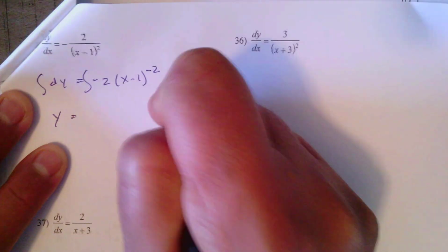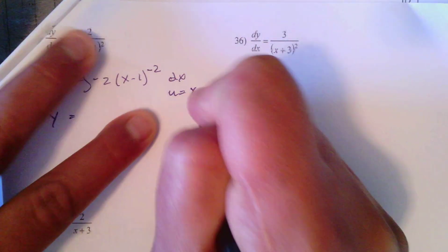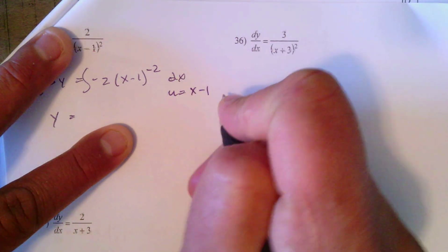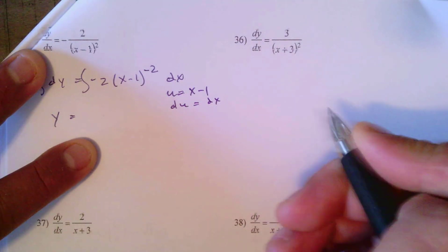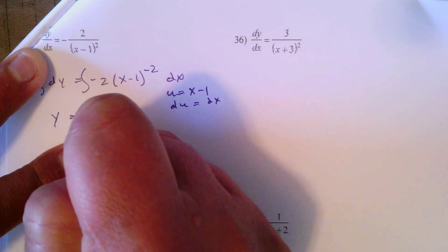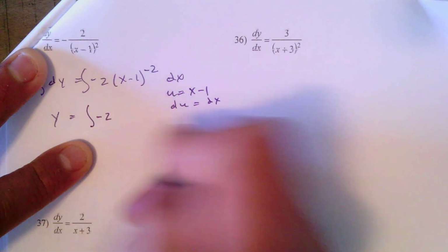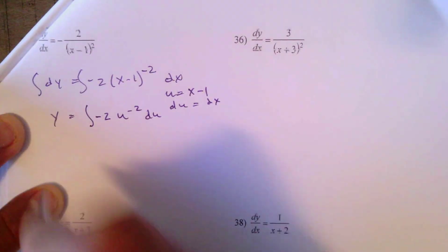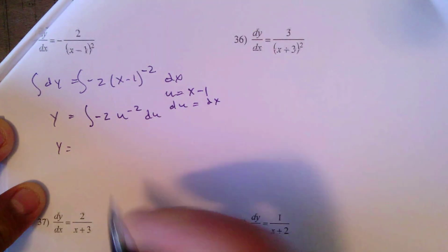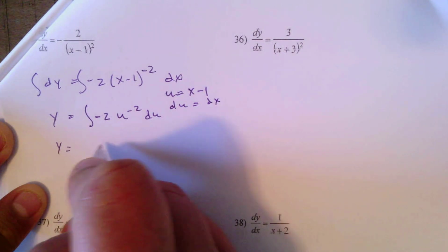So we can say u equals x minus 1, then du is going to be equal to dx. So we can rewrite this integral as negative 2 u to the negative 2 du, and take the antiderivative.